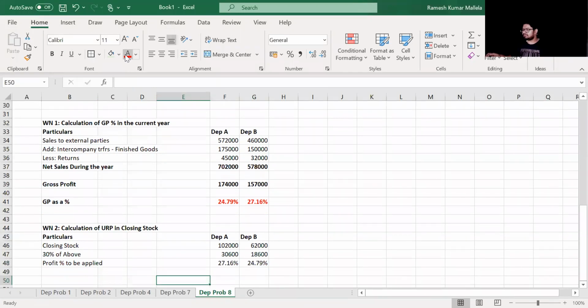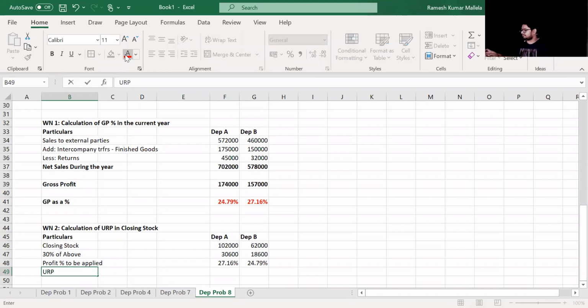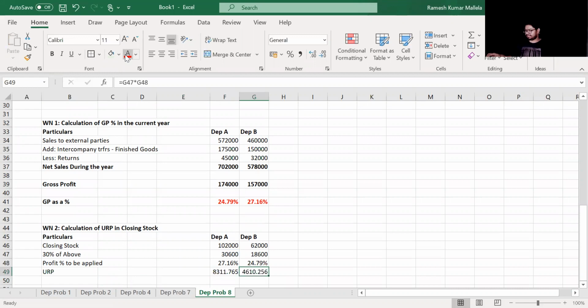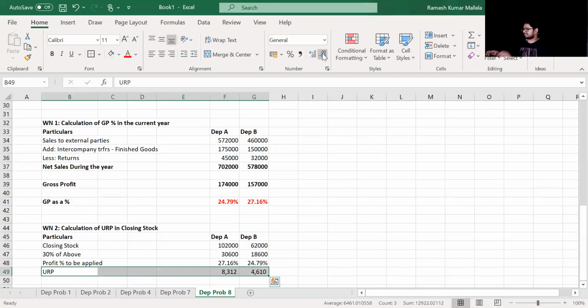Now, URP is equal to this into this. 8,311 is for department A, and 4,610 or 611, whatever, is for department B. Okay. So these two numbers are what is important for us. Clear? So URP is going to be this.